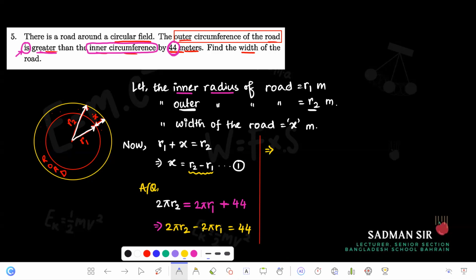So from the left hand side, 2π we can take common. If you take 2π common, it will become 2π(R2 minus R1) equal to 44. So R2 minus R1 will be equal to 44 divided by 2π. It is multiplied here, so if you change the side, it will be divided. Now instead of R2 minus R1, what can you write?